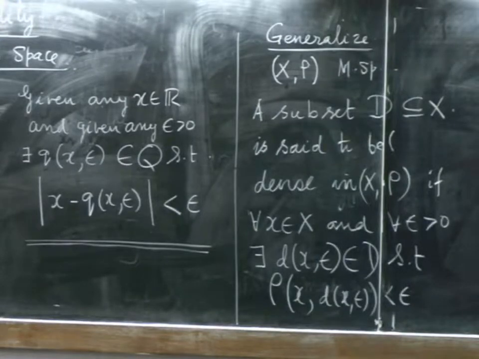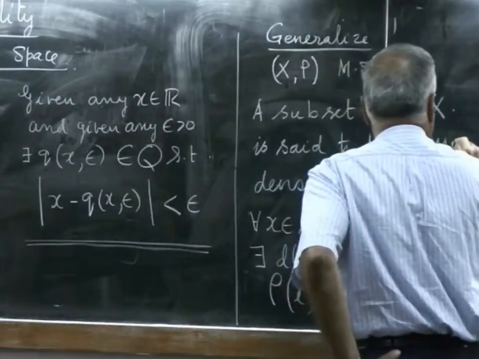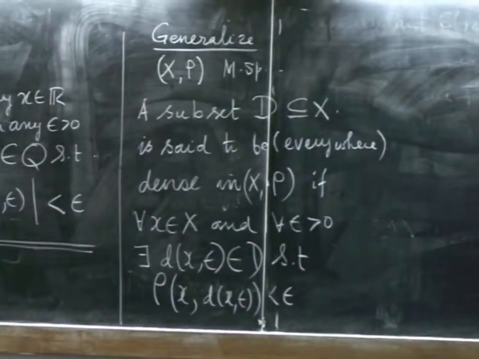I will only write dense set, but usually it should be written everywhere dense set, because you can go and pick x anywhere in that space and still you are able to do it.